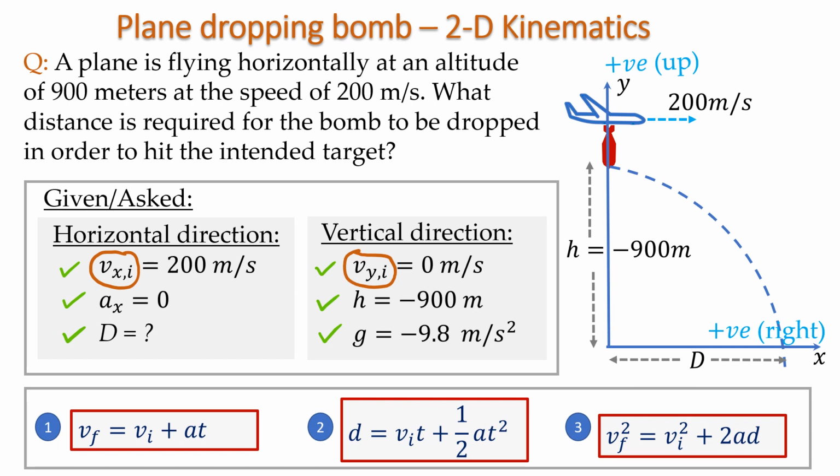Now let us remember the three equations of motion. We hope you are good at solving one-dimensional problems. Now let us see how we solve the problem. Here is a fun animation of the plane dropping the bomb. Let me begin the animation.